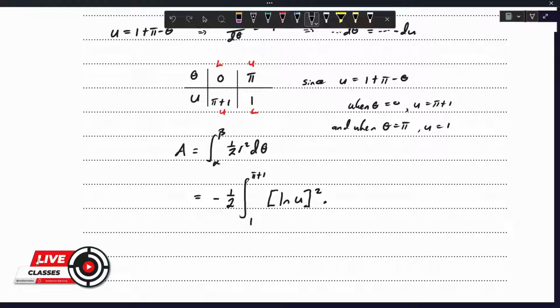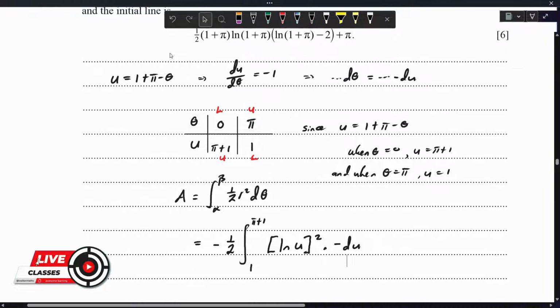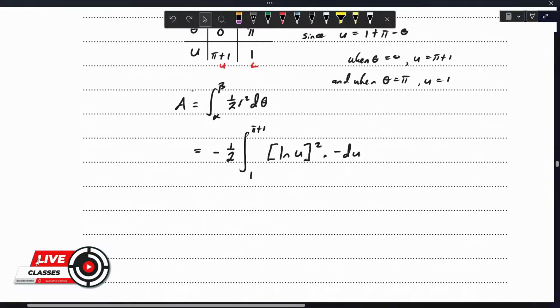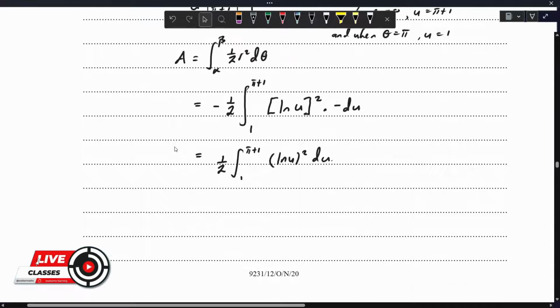But in place of d theta, we put minus du according to this. So we essentially have a half of the integral from 1 to pi plus 1 of ln u squared with respect to u. Okay, so this is what we have.